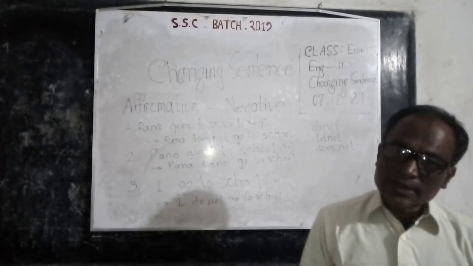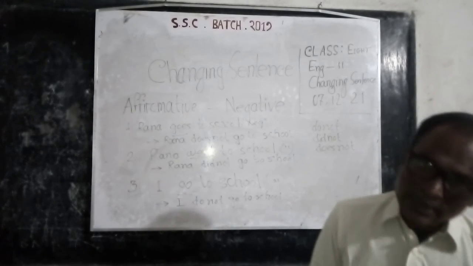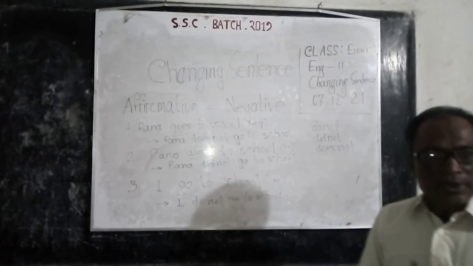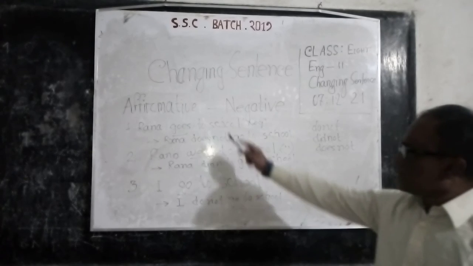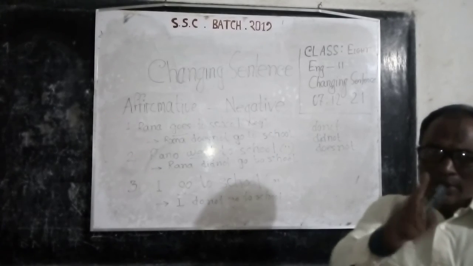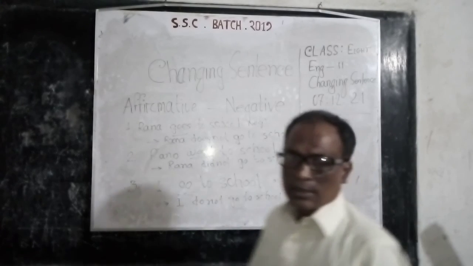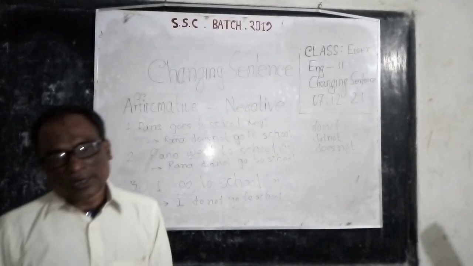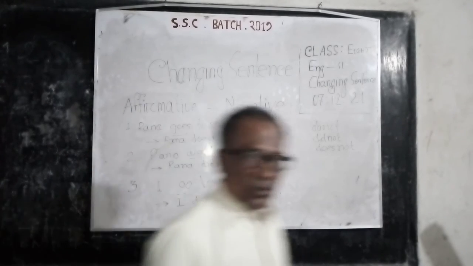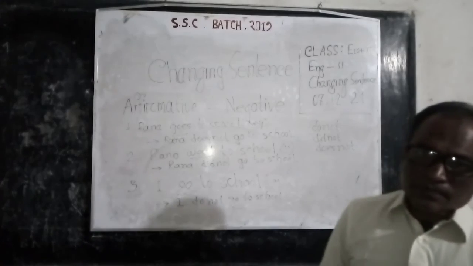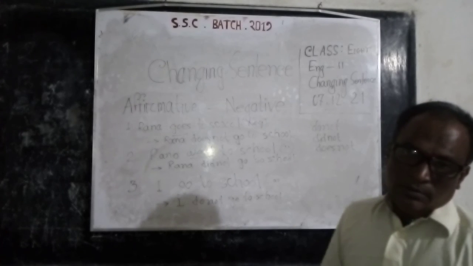If we find the past form of verb, we use did not. If we find present form of verb, we use do not. To make any sentence affirmative to negative or assertive to interrogative, you must know the present, past and past participle of verb. If you do not know them, you are unable to do the grammar.